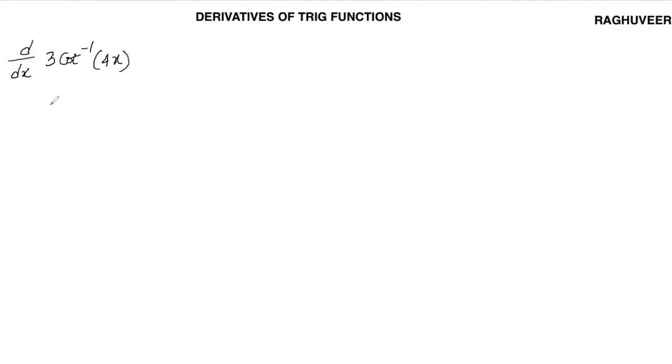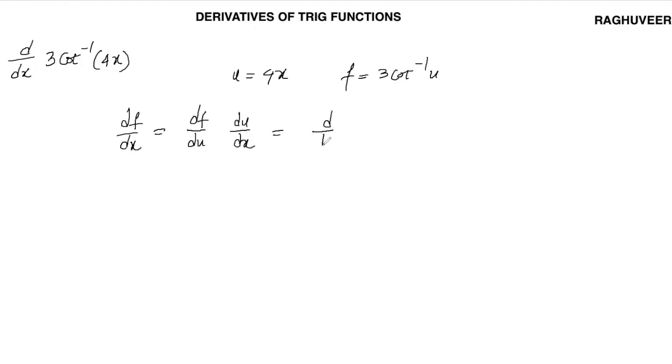So here's another problem. Now here we'll apply the chain rule. So quickly let us see this. So u is 4x, and f is 3 cot inverse u. So df by dx is df by du and du by dx, which is d by du of 3 cot inverse u, and d by dx of 4x.